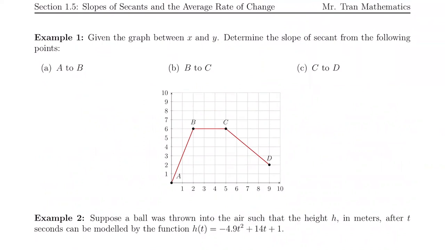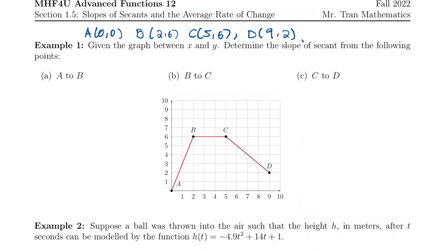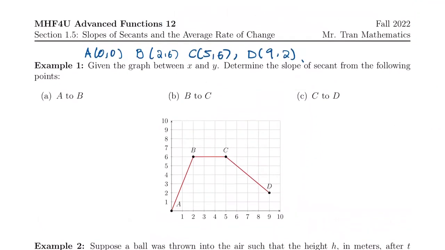The first thing that we want to have a look at is the slope between A and B. Just a quick point out here: A is going to be the origin point, B is going to be the point (2, 6), C is going to be the point (5, 6), and then D is going to be (9, 2). And we want to determine the slope of the secant between each of these points.